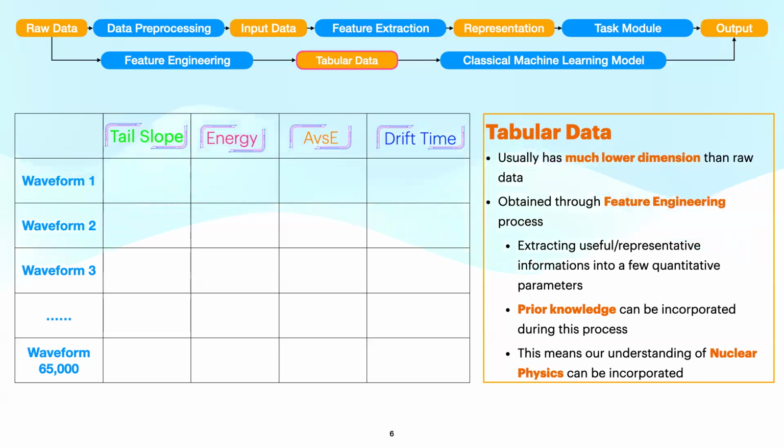So our understanding of nuclear physics can go into the procedure of creating the tabular data, which is very nice. That's why sometimes people think this tabular data approach is more physical than just throwing your raw waveform into a black box neural network model and asking it to figure something out.